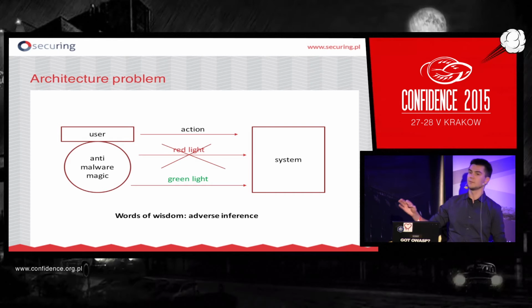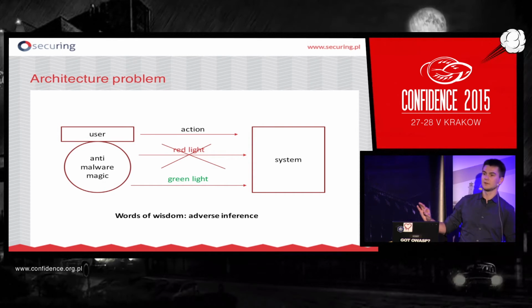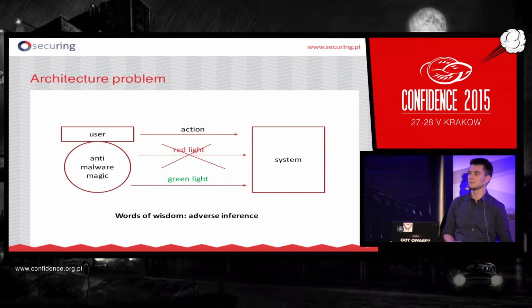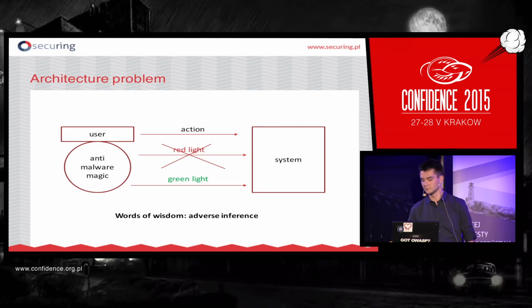So the anti-malware magic script sends a red light: this machine is infected. Why not send the green light instead? So check all signatures, check if there was malware, and finally send, oh, this machine is purely no malware. Yeah, we call it adverse inference.